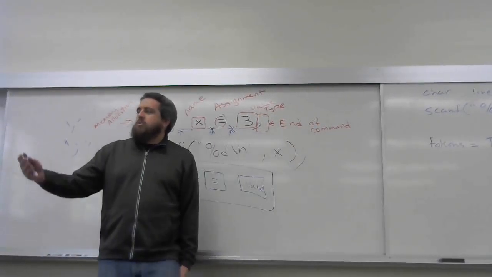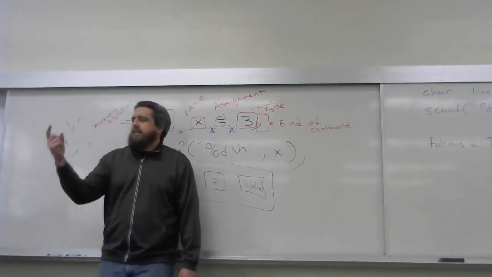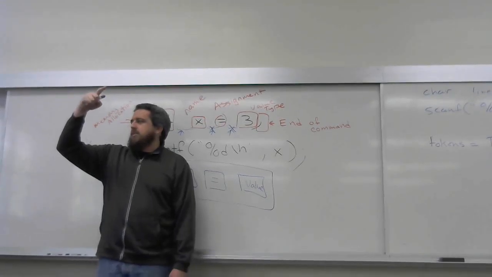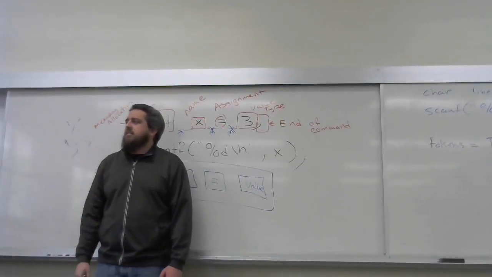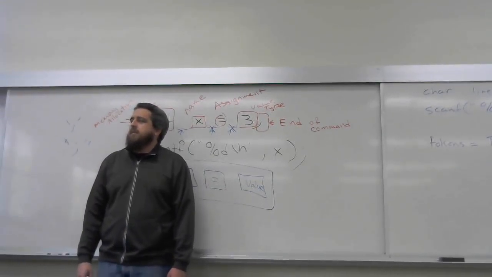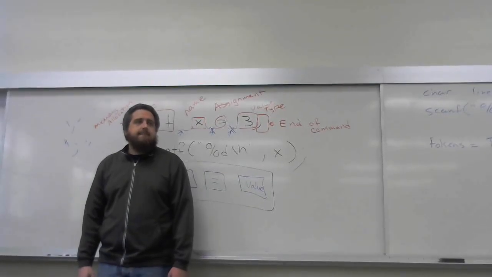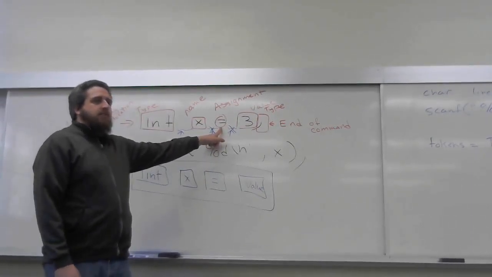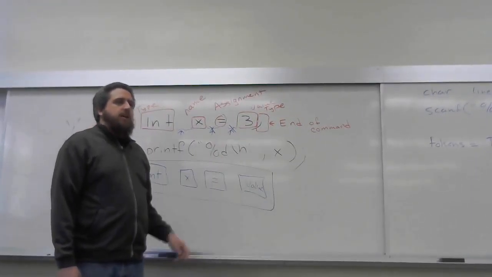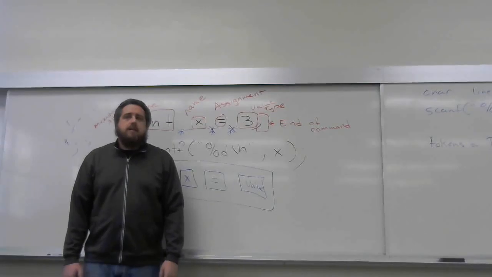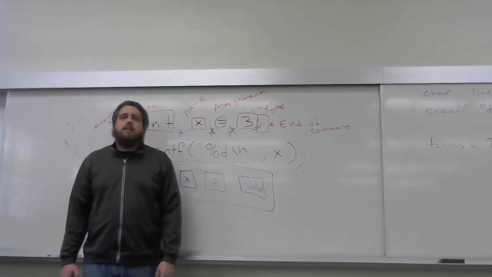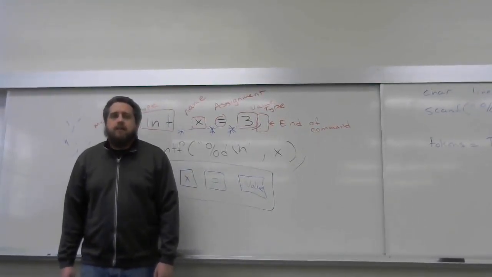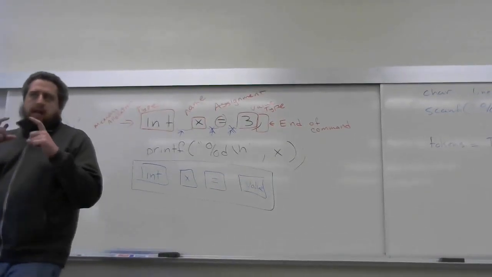Okay, so then how would you find a delimiter inside the line? It's not just white space, obviously, because the assignment operator is a split and the semicolon is a split as well. So how would we do that?